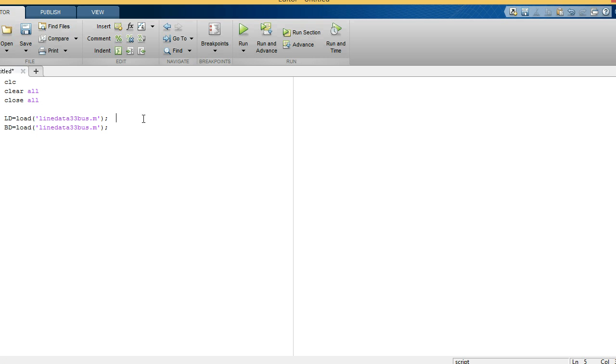So let me just write definitions over here. This one is line data, and this one is bus data, and we need to change this one to bus data.